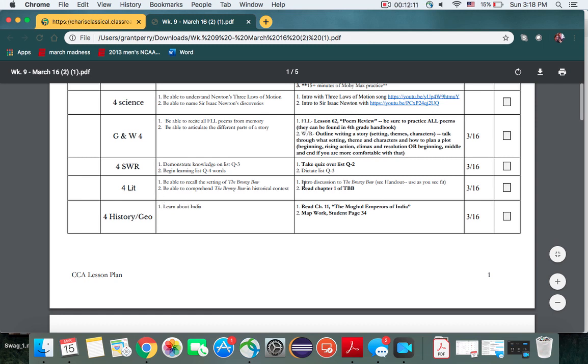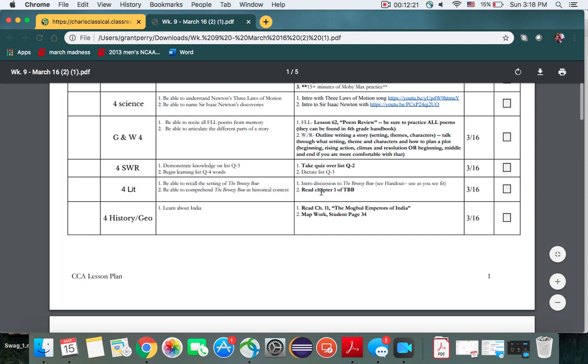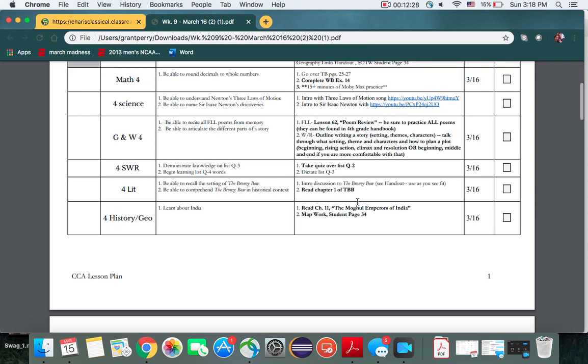Okay, literature. Intro to the Bronze Bow. This is a handout. It talks mainly about the author, and you can read that. It talks a little bit about the setting. I want you to picture what it was like to be in this setting. It is Israel in the time of the Roman occupation of Israel, which is a really interesting time period.